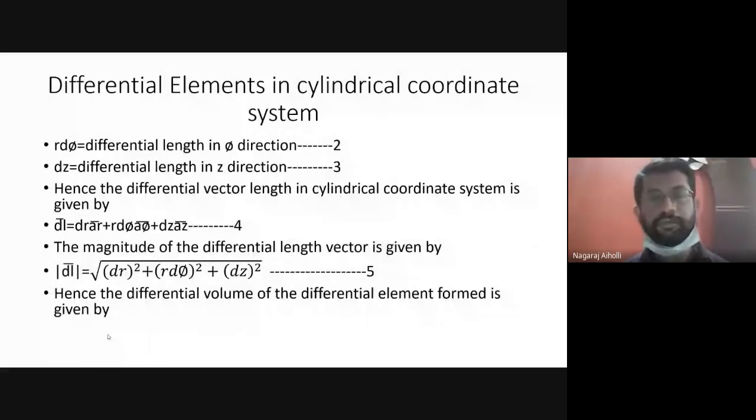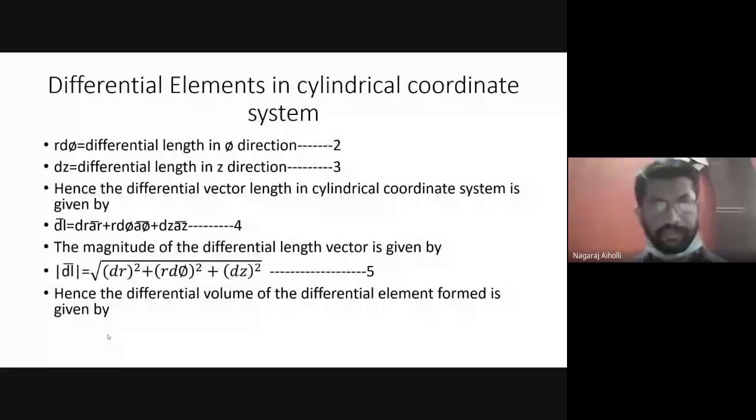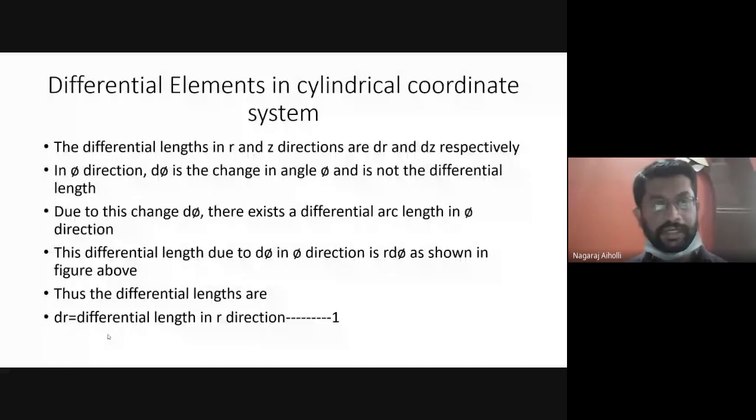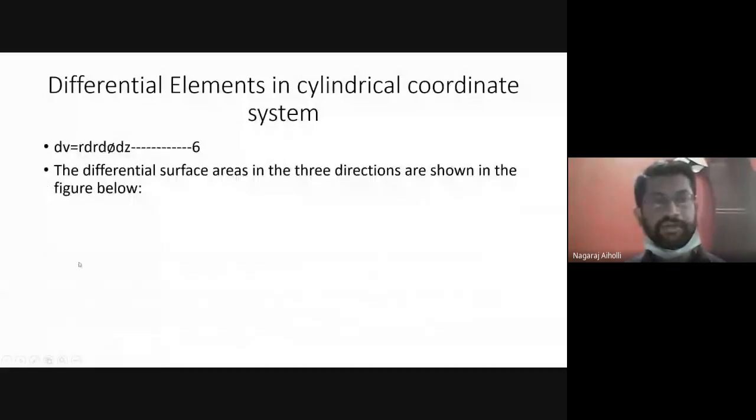Sir, dr into dz into r d phi. Very good. So this is dr here, into r d phi into dz. Simple. So dv is given by r into dr into d phi into dz. I have rearranged the terms. That's all.